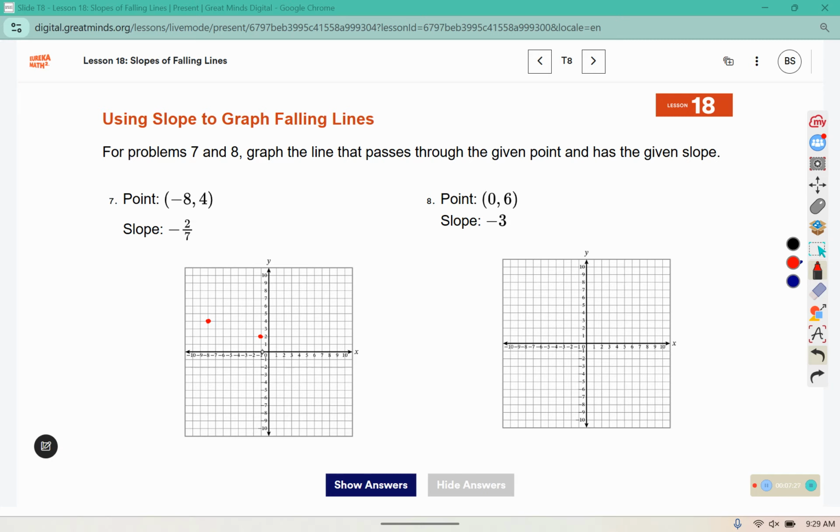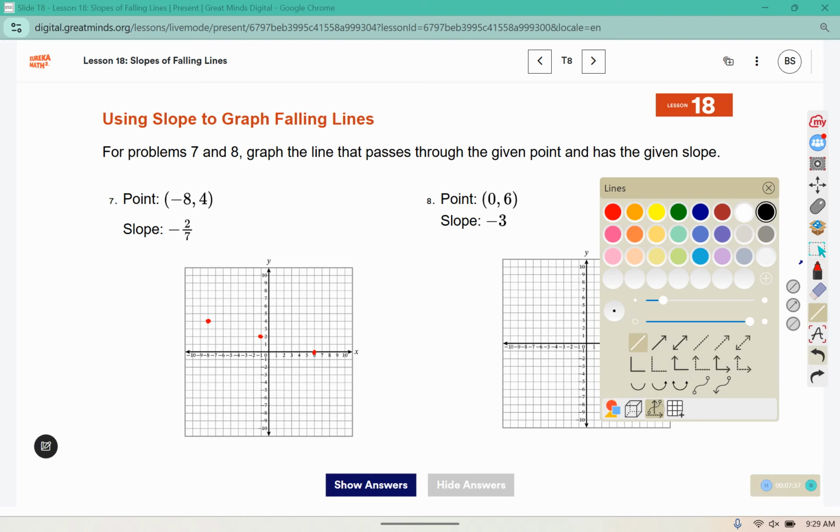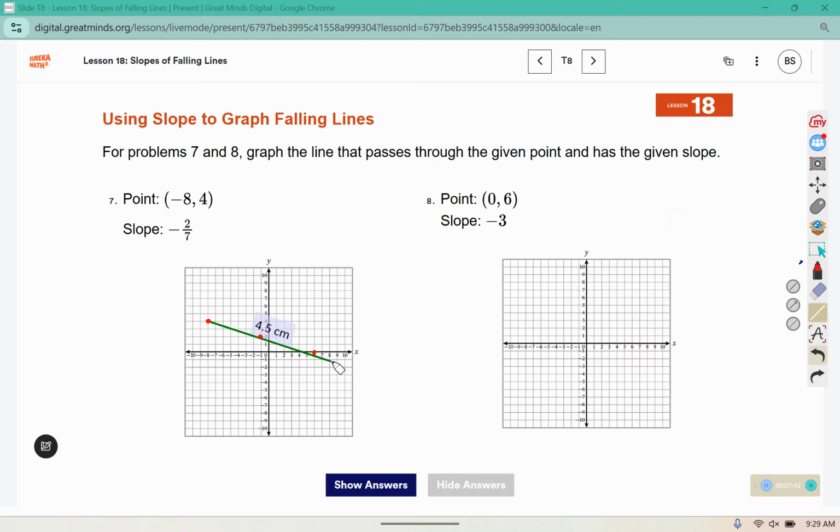From there we can go down 2 again and over 7 again. And then remember we're going to put a line through those points using a straight edge. We'll want to include arrows at the ends of those lines to indicate that it continues in both directions.